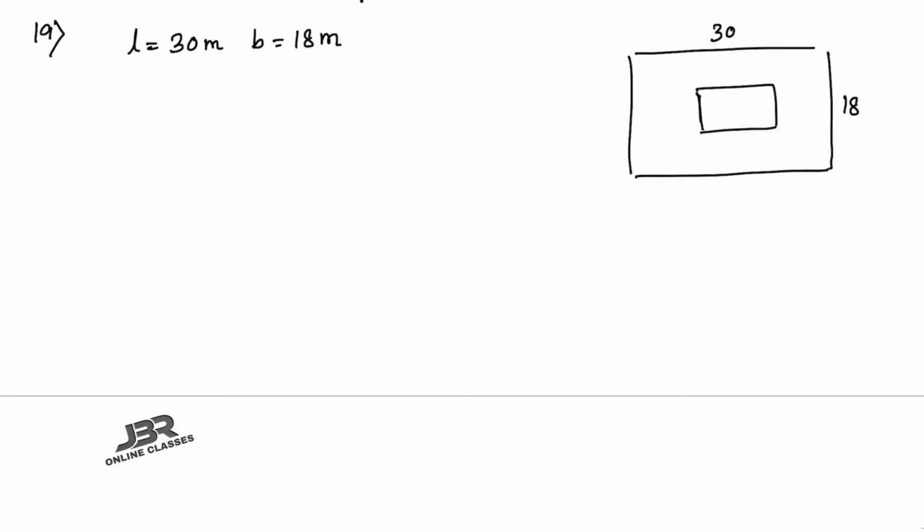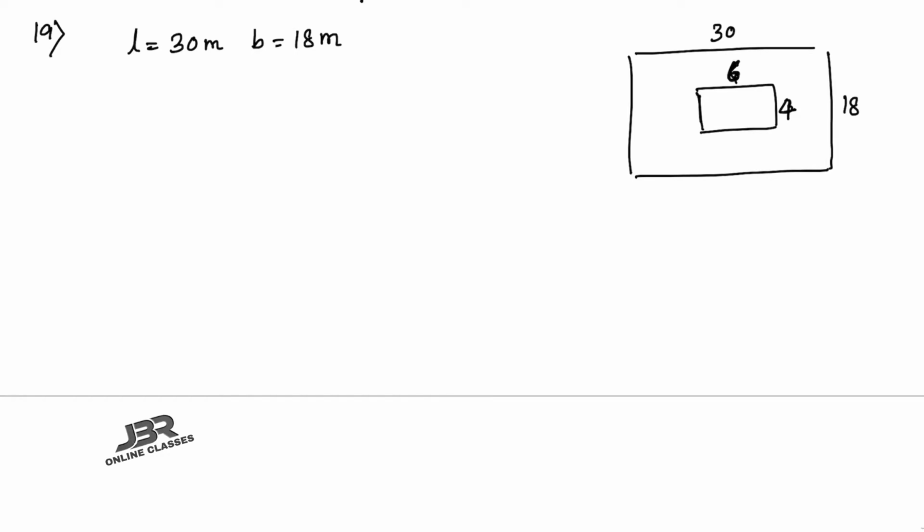So here pit is 6 meter long, 4 meter wide and 3 meter deep in the middle of the field, and the earth removed is evenly spread over the remaining area of the field. Find the rise in the level of the remaining part of the field in centimeter, correct to 2 decimal places.